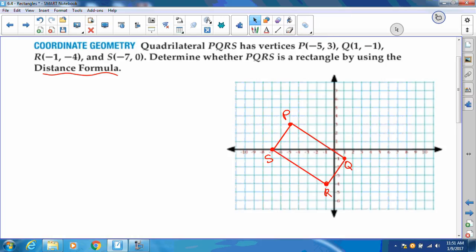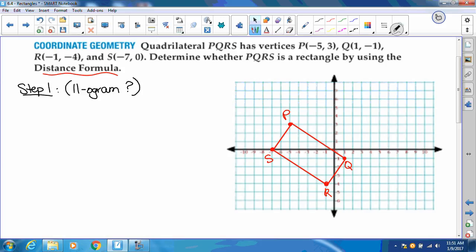Okay, so what we want to do is determine if this is a rectangle using the distance formula. The first step is we need to know, is this a parallelogram or not? And that's what we were talking about in that last example. If it is a parallelogram, then we know that opposite sides have to be congruent.